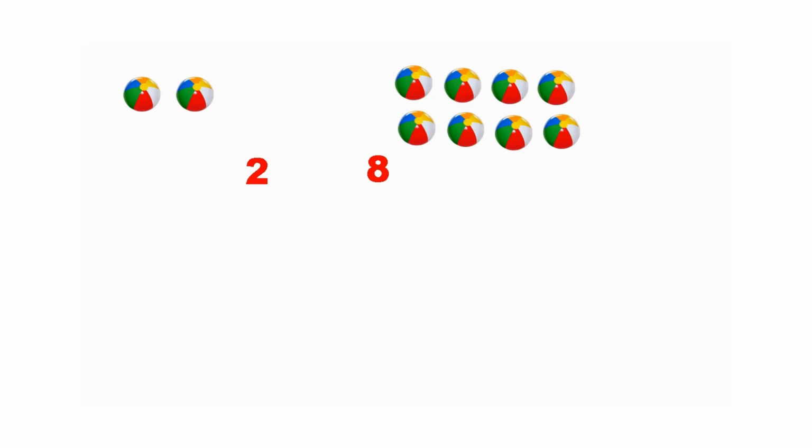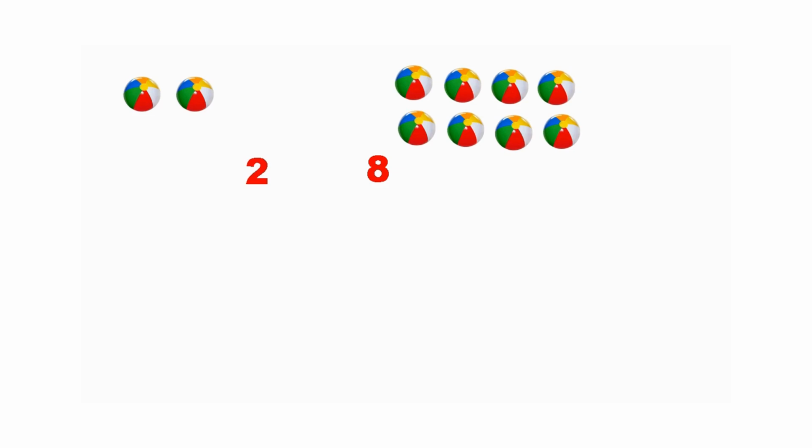Less than sign, because the crocodile will open the mouth towards the greater number. So here the mouth will be opening towards 8. That we need to remember, children, always. The mouth opening will be towards the greater number. So 2 is less than.